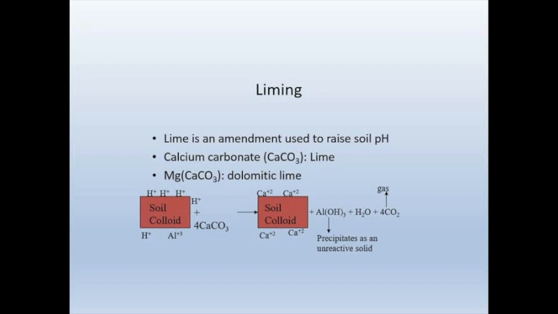It knocked the aluminum off the exchange sites, it precipitates out as gibbsite, and then all that H plus that was there reacts with the carbonate and goes off or becomes water and carbon dioxide gas.